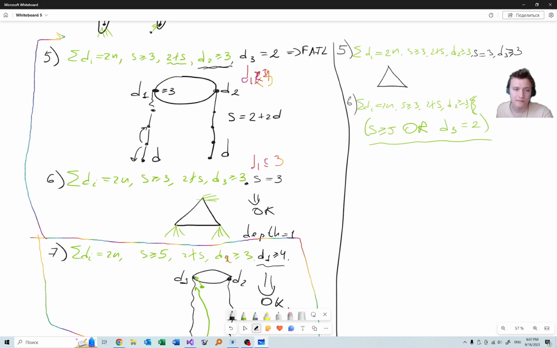I think the lower case. Let's consider the lower case. I think it becomes something like a logical exercise. What is this case about?